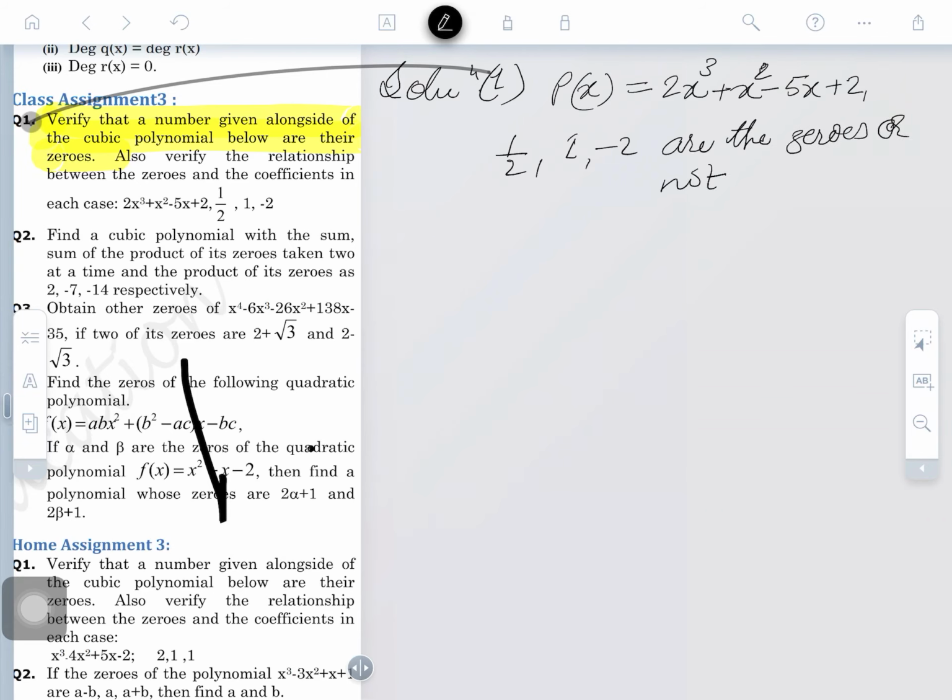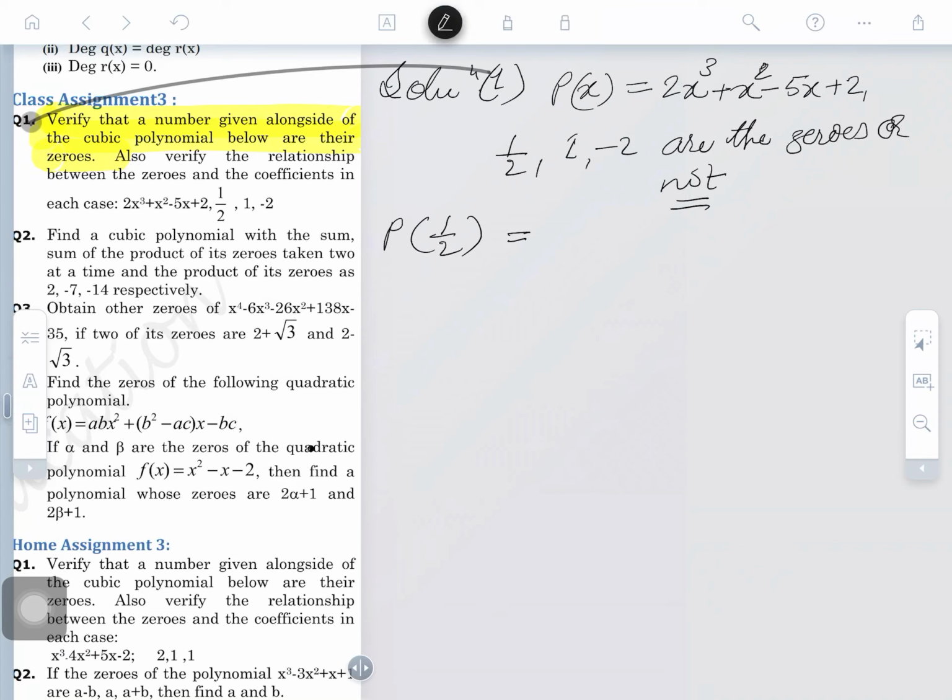What is the method of checking it? It's very simple. We'll put the value in place of x, we'll put 1 by 2. A very common concept that you studied in the 9th class, in the previous class.